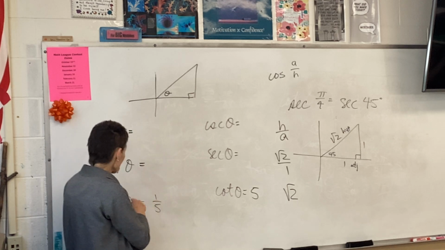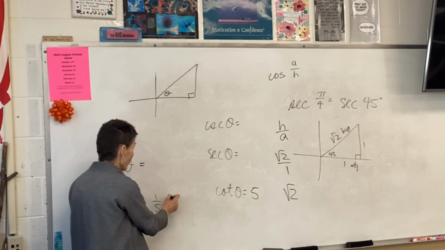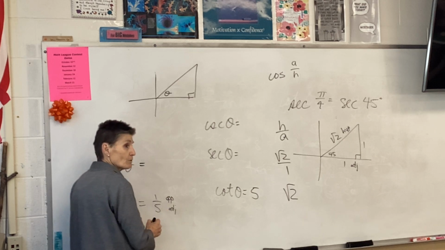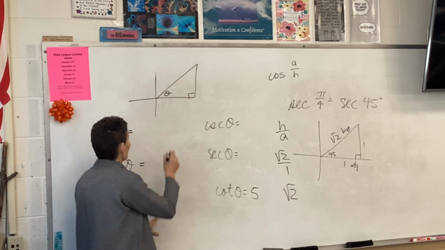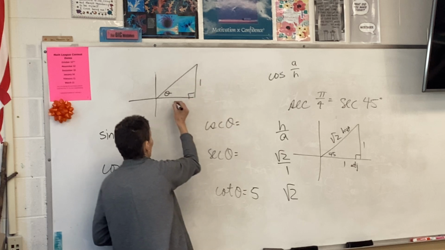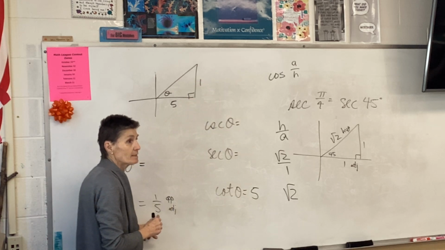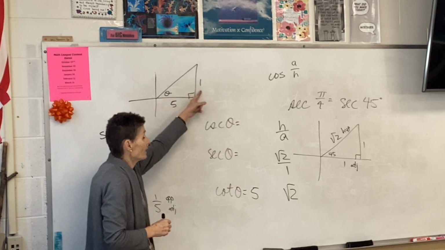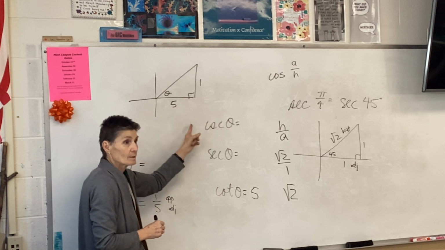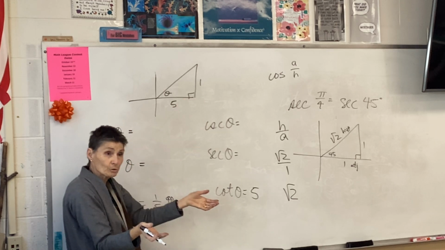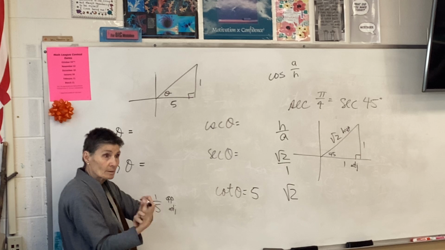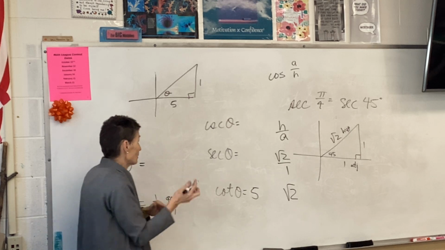Tangent is TOA, opposite over adjacent. So the opposite side is 1 and the adjacent side is 5. Is that okay with everyone? Then I will do my Pythagorean theorem.